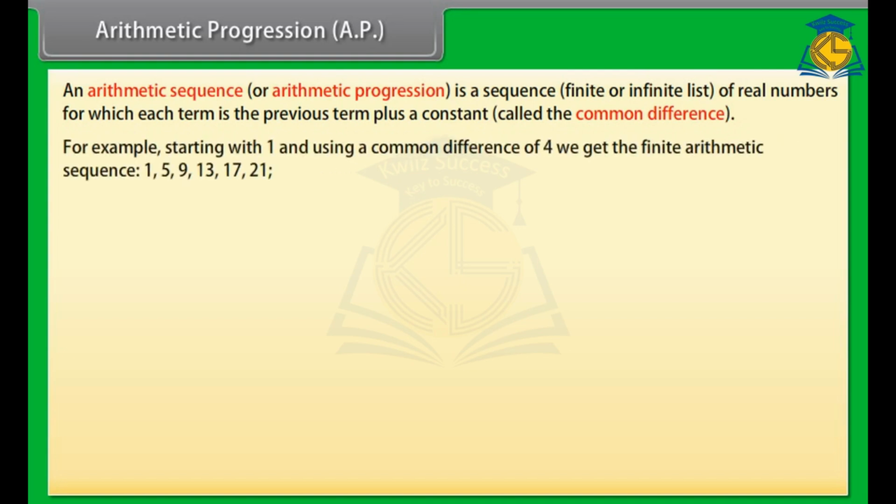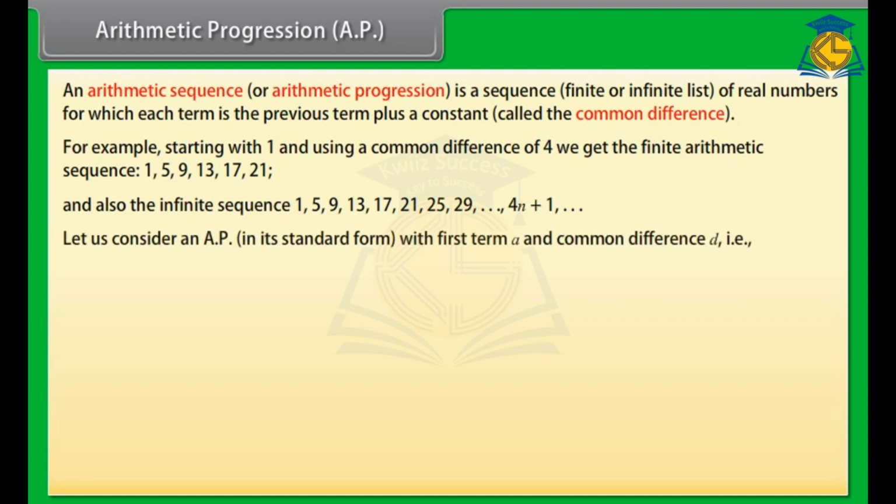For example, starting with 1 and using a common difference of 4, we get the finite arithmetic sequence 1, 5, 9, 13, 17, 21, and also the infinite sequence 1, 5, 9, 13, 17, 21, 25, 29 till 4n plus 1.